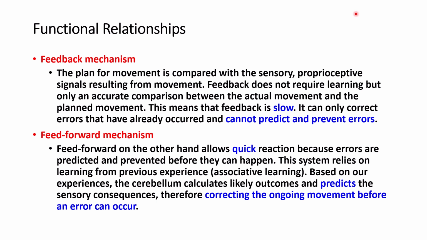That way, if there is an issue, it can correct it. So this is happening in the future. Before the movement happens, this is passing through the cerebellum. That's why the cerebellum can fine-tune movements and correct errors. So this is fast.